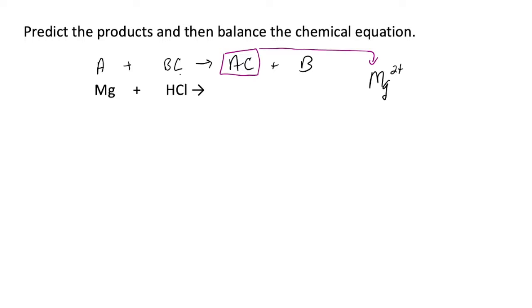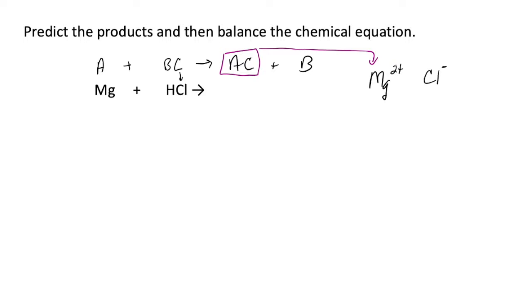C is chlorine, and chlorine has a -1 charge. If we look at the periodic table for chlorine, we see that it has 7 valence electrons and it prefers to gain an additional electron than lose 7. So therefore, it will form a -1 charge.